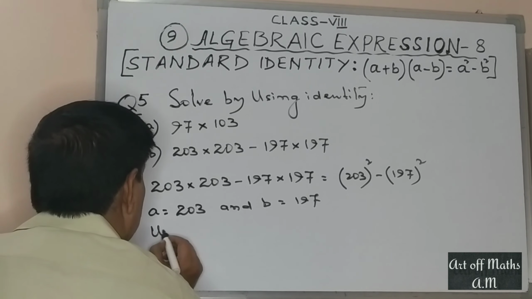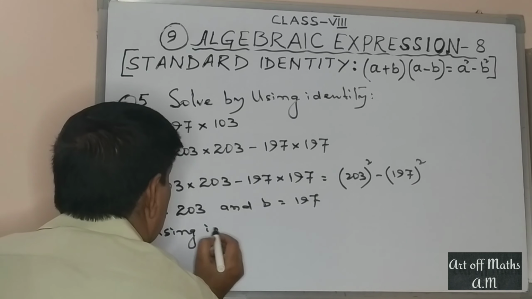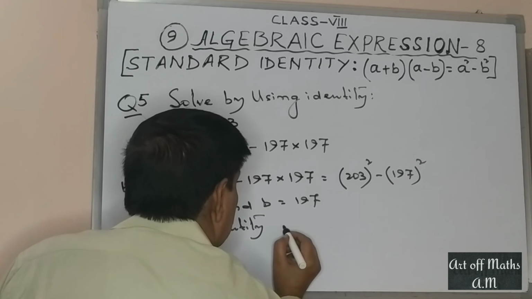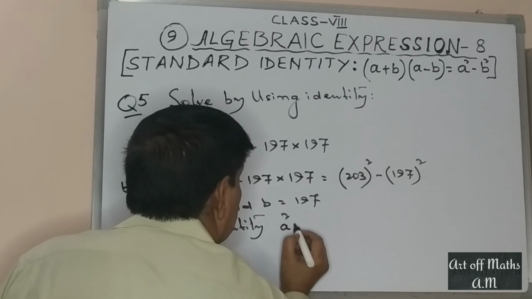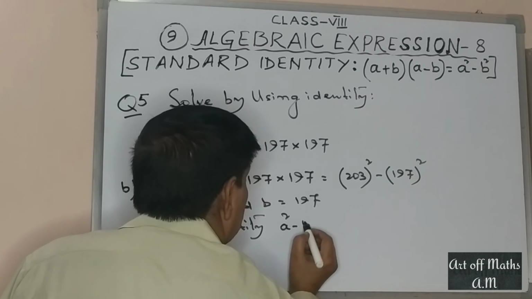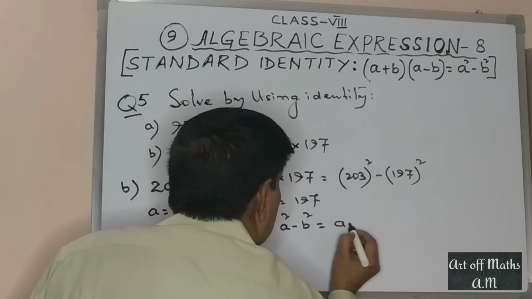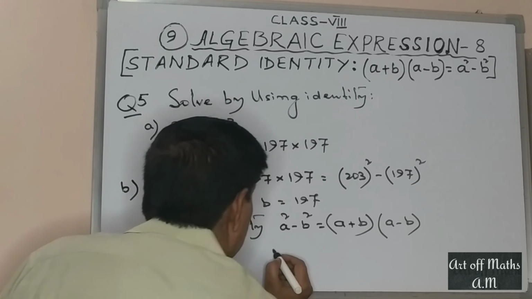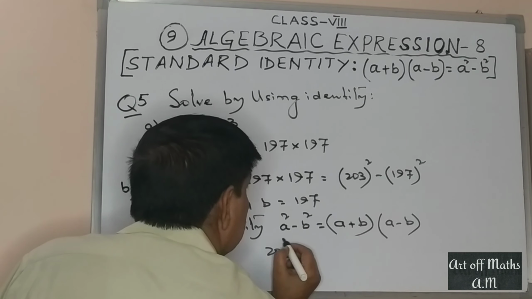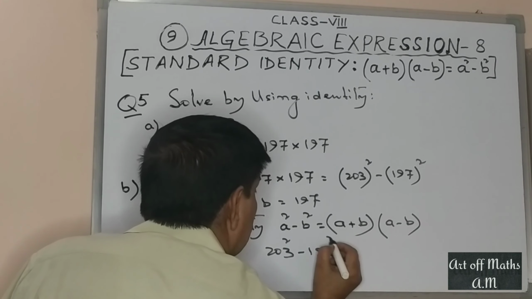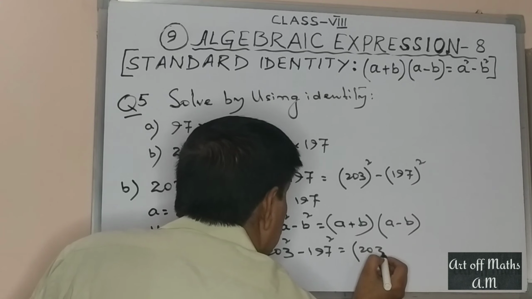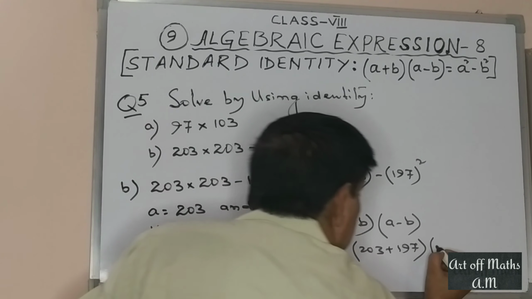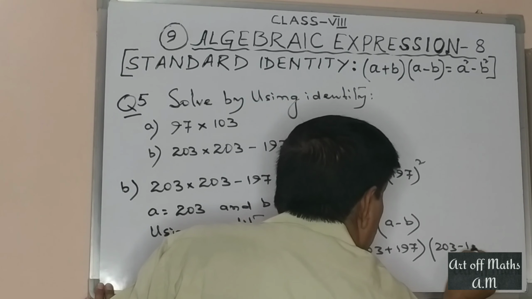Using the identity, 203 square minus 197 square equal to (203 plus 197) and (203 minus 197).